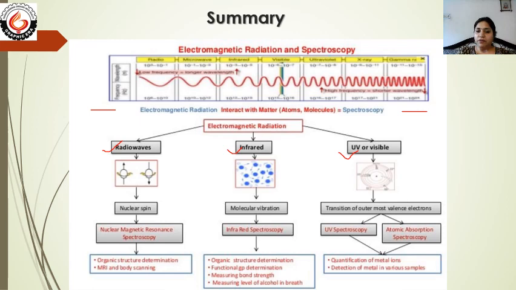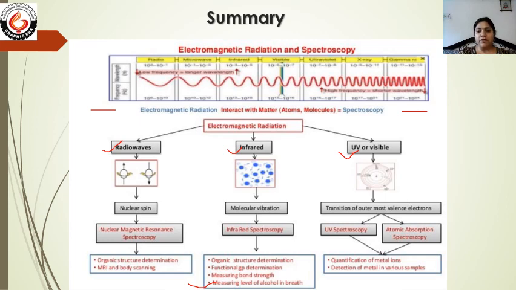Then infrared spectroscopy. Infrared is having slightly lower energy as compared to UV visible spectroscopy. So it is able only to vibrate the different bonds of the molecule, and it is utilized for infrared spectroscopy, and these are the applications of infrared spectroscopy which we have already discussed. Then next is radio waves.